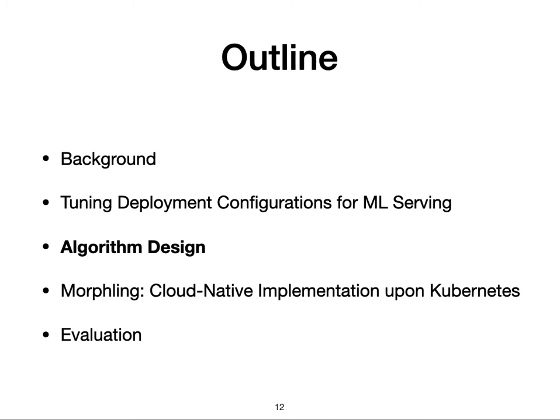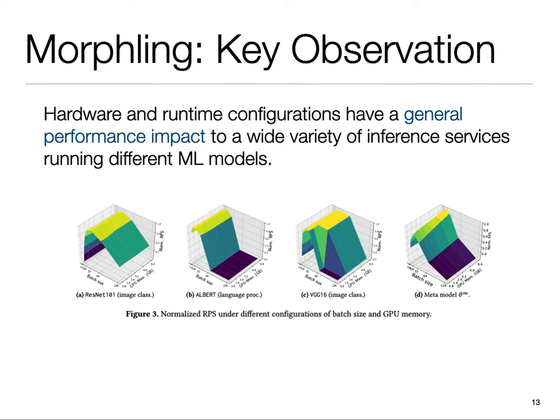So in this work, we present Morphling, a fast and near-optimal auto-configuration framework for cloud-native model serving instances. Our key observation is that the hardware and runtime configurations at the container level have a general performance impact within a wide variety of inference services running different machine learning models.